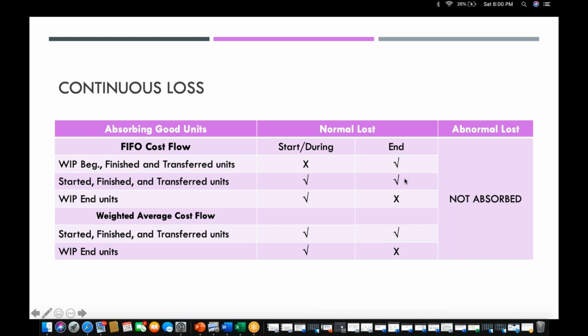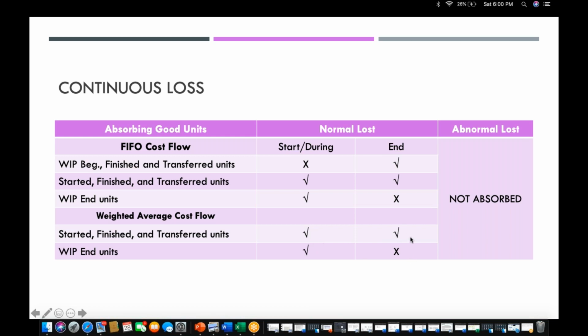Now, when we use weighted average, we have learned in process costing that under weighted average, there is no work in process beginning. So the work in process beginning is just removed here, and the concept is the same. When the inspection point is at the start or during the process, the started and work in process end are the only ones that absorb the cost of our normal loss.